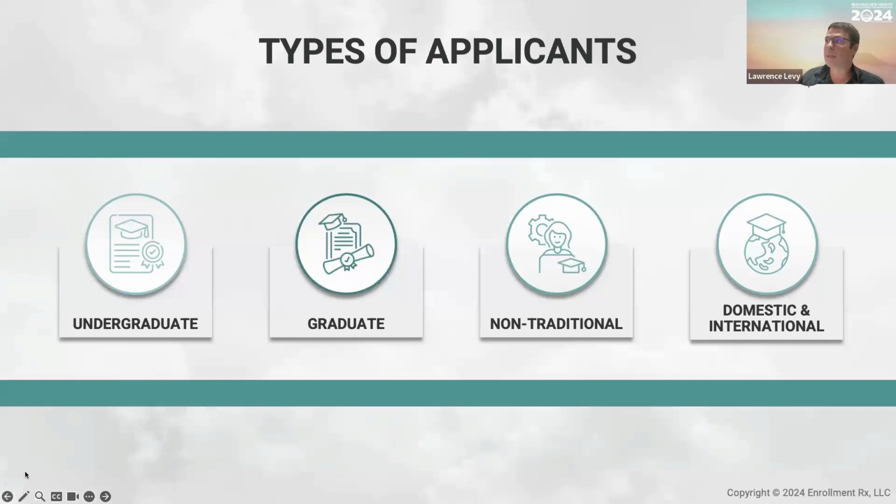So just to begin the conversation, there are many types of applicants that higher education needs to support, whether undergraduate, graduate, non-traditional, domestic or international. One question we ask higher education is, why is it that when applicants come to a college's or university's website, they might see a link to click here to apply to undergrad, or click here to apply to grad, or click here if you're an international student?